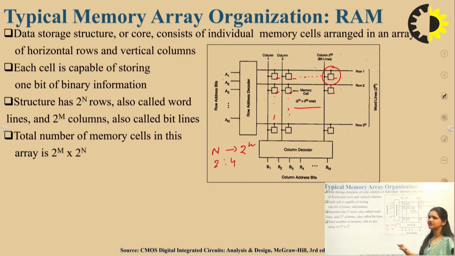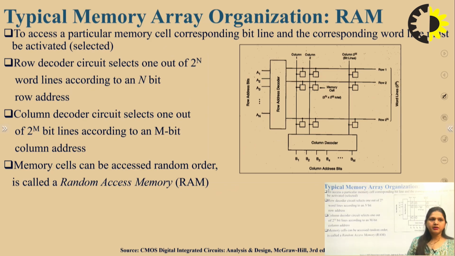So this is the general structure. Suppose this combination is for n equals 2, 0, 0, then one line, the first row, is selected. This is how we can select the row, and with the help of this column decoder, we can select a particular column. So this is how we can reach a particular location. This is the typical organization of a standard memory.